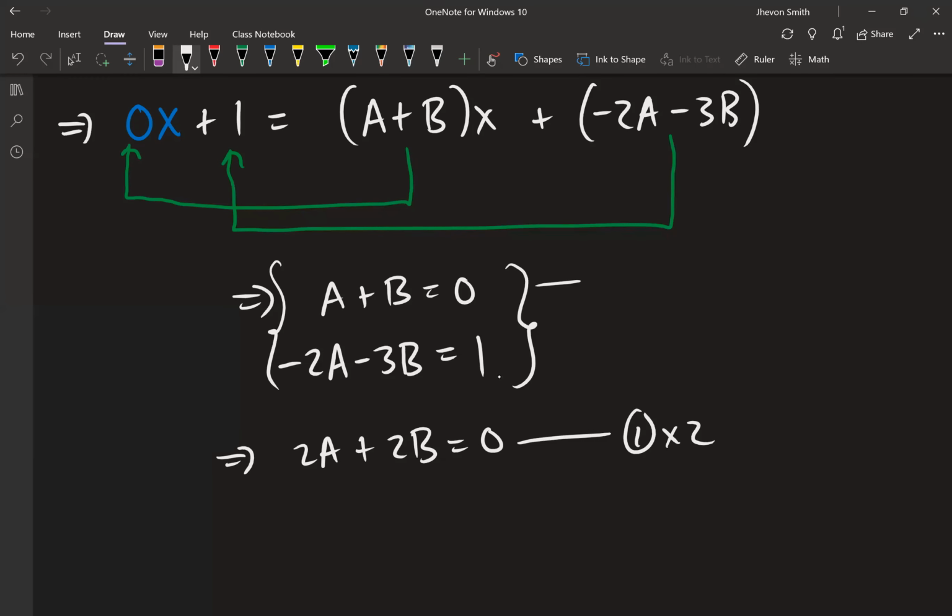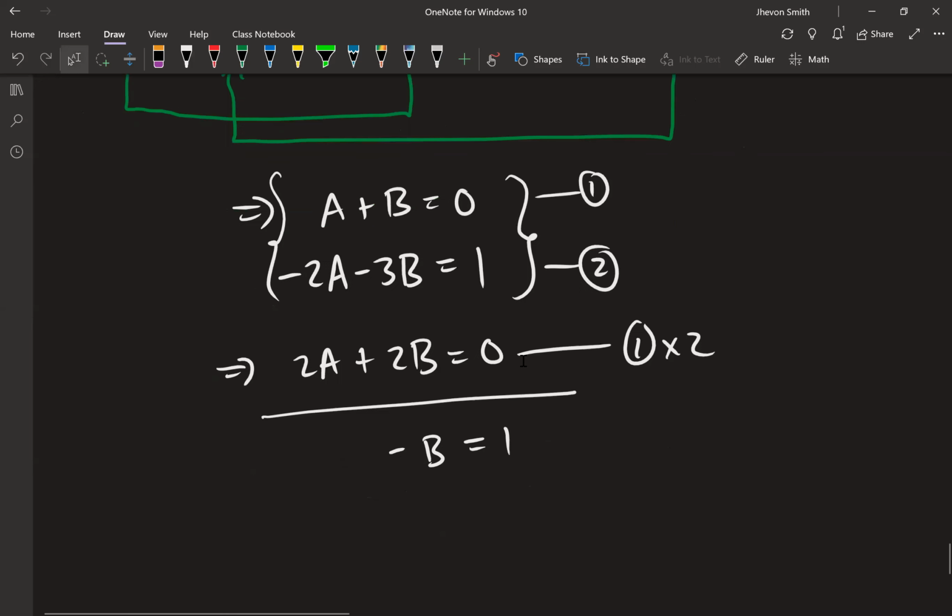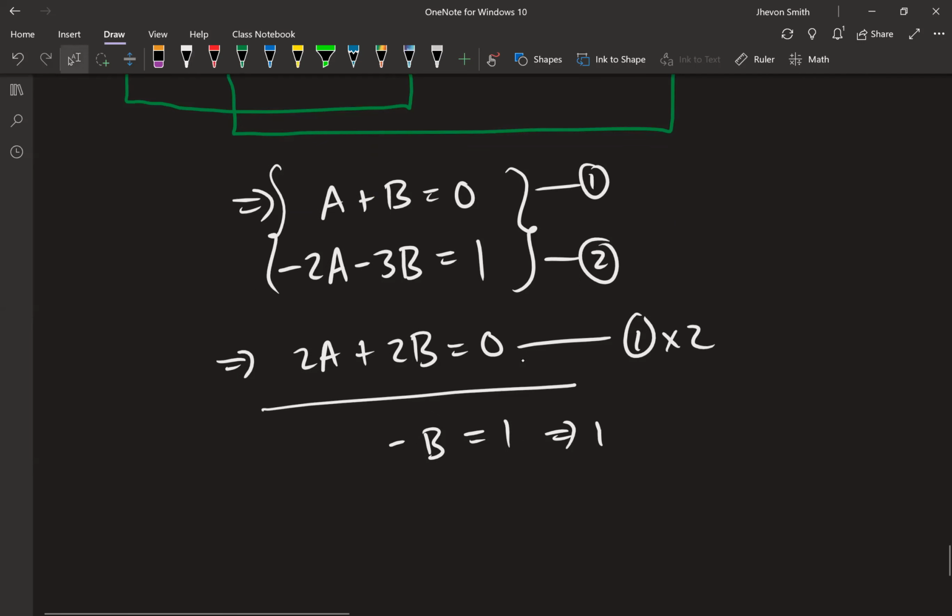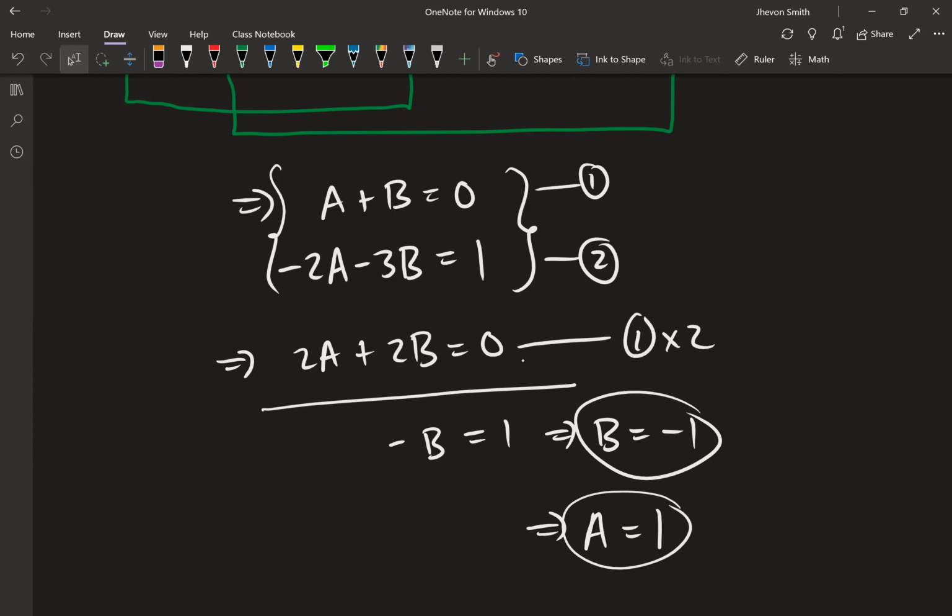If I call this equation 1, call that equation 2, and then actually add them, here you would get minus b equals 1. So this means your b equals minus 1. And then this would mean that a is equal to positive 1, since a plus b must be 0.